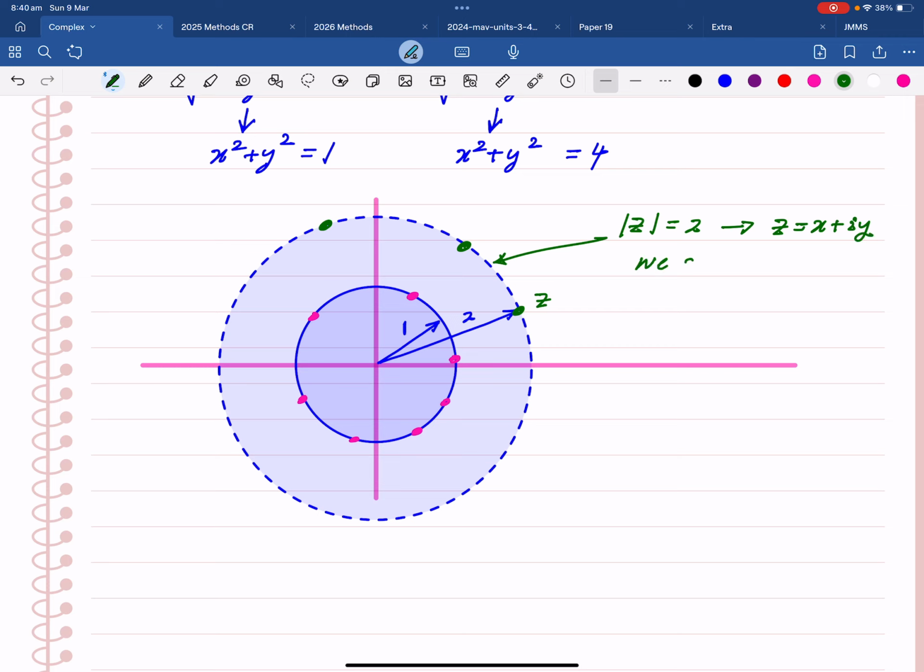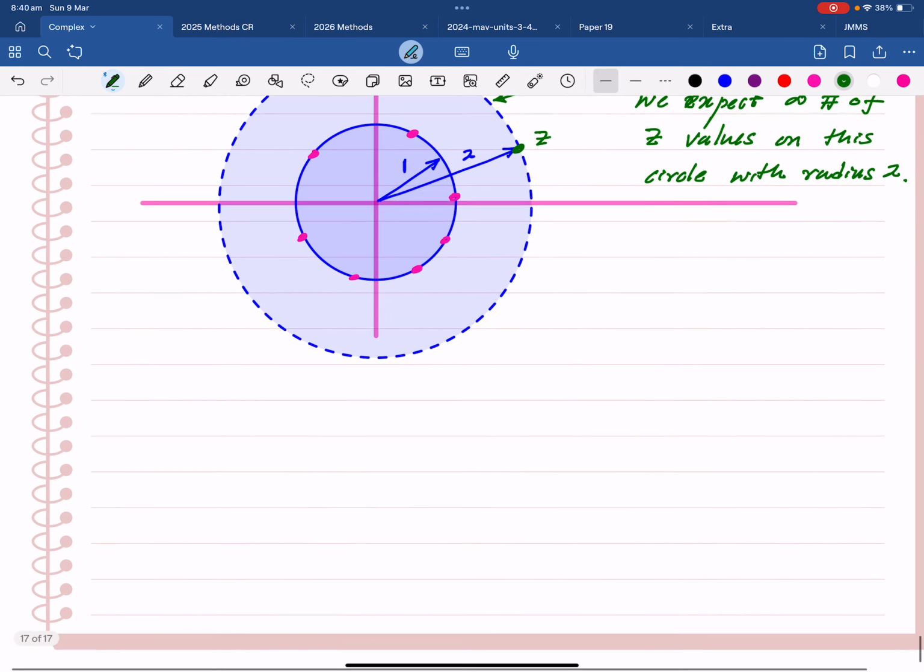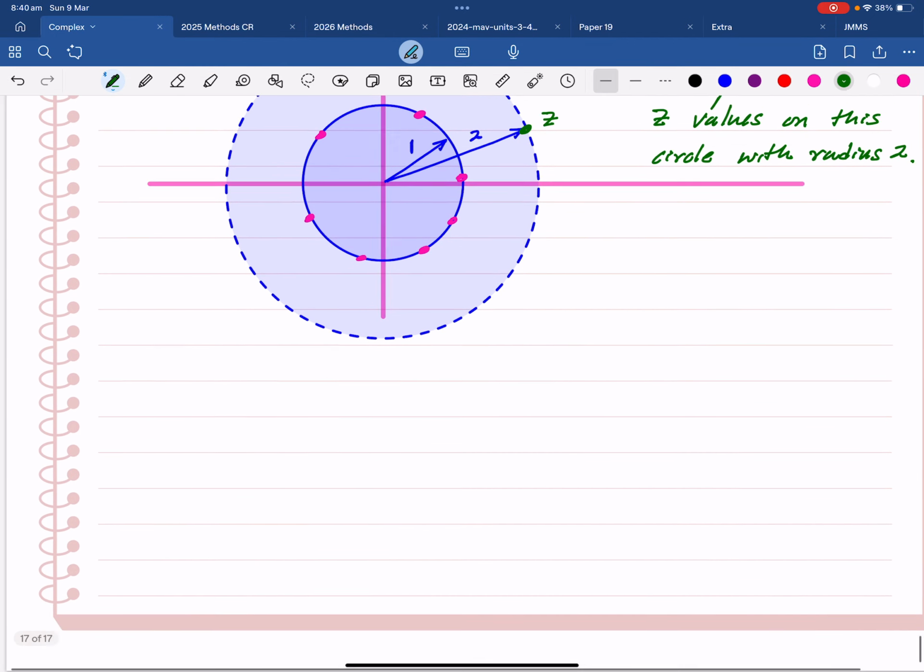So we expect infinite number of z values, right, on this circle. On this circle with radius 2. Got it, right? Okay. Now we will do another restriction.